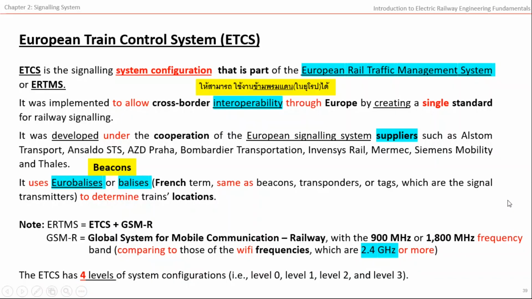You might have heard that in Thailand, for the red line, they use ETCS level 1. And for all the double track lines in Thailand, they will also use ETCS level 1. So we will see what the differences between the levels are.